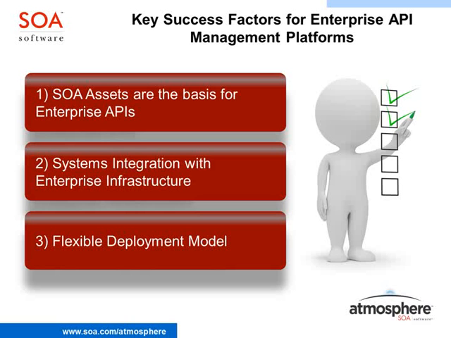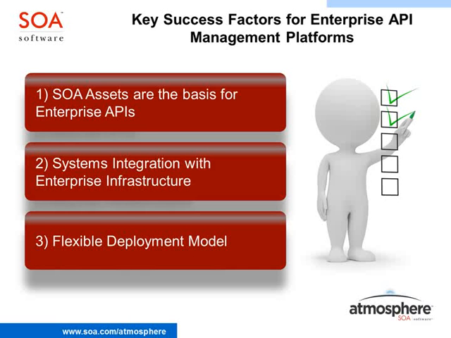And number three, a flexible deployment model ensures that you can start with the right deployment, but grow into a more successful enterprise API management program as time progresses. And I think that's of key importance given some of the great data points that we see from the web economy in the past.